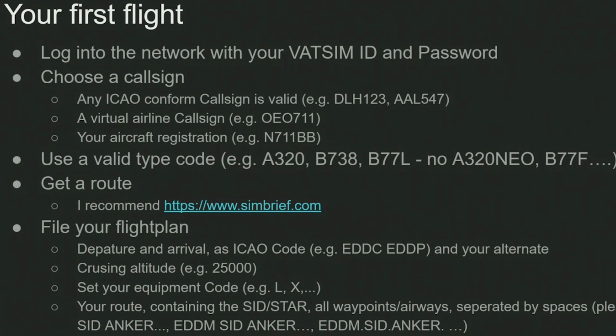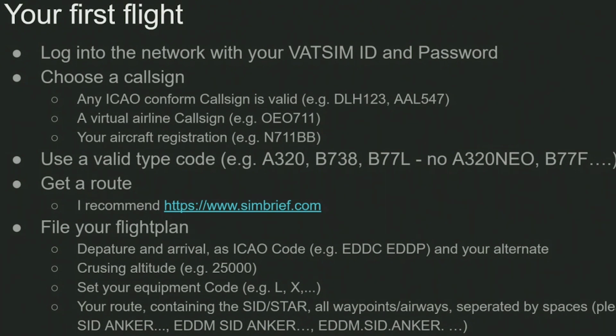The next thing is the equipment code. They also use it in real life. It basically tells what kind of transponder your aircraft has and which information it can send to the controllers. In Euroscope, the software I use, or a lot of us use for controlling, it changes some things.